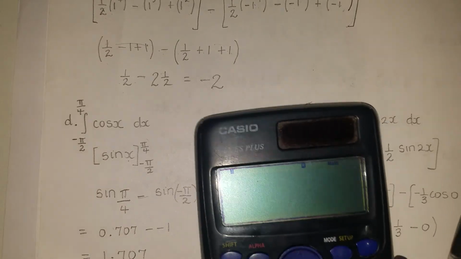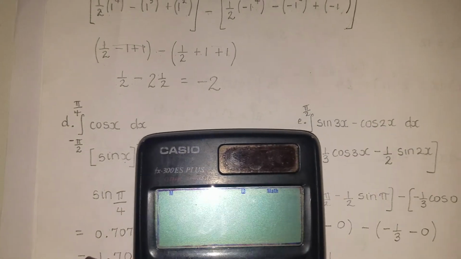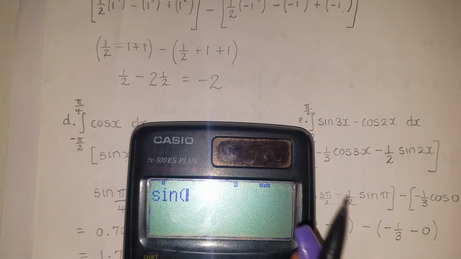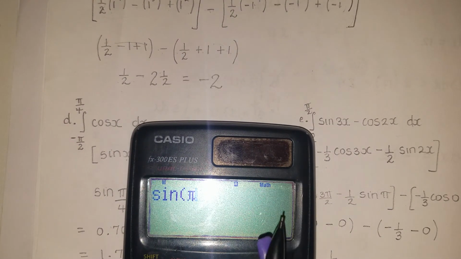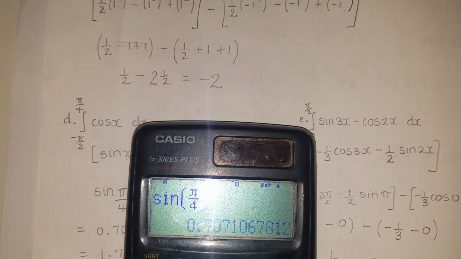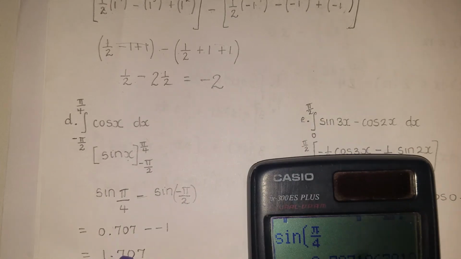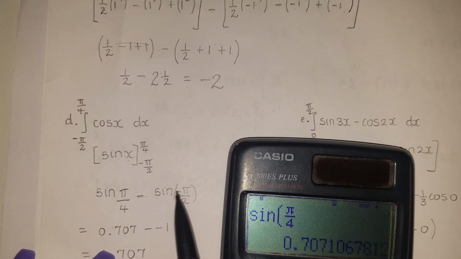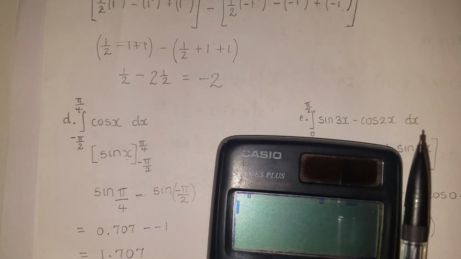Now for sine pi over 4, we go into our calculator. Sine of pi over 4 gives us root 2 over 2, and if you put that in decimal, it's 0.707, as you see here. Minus sine goes back. Now for sine of negative pi over 2.